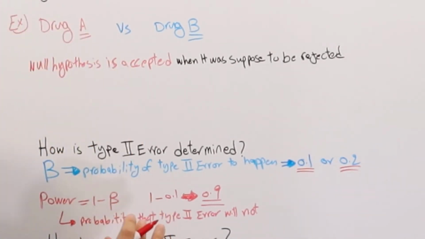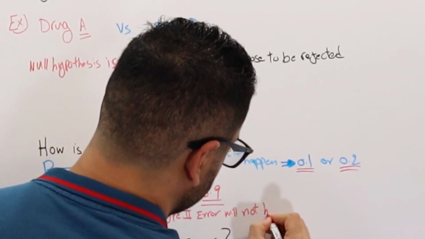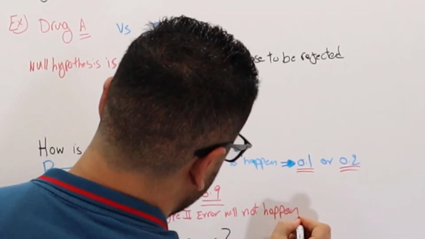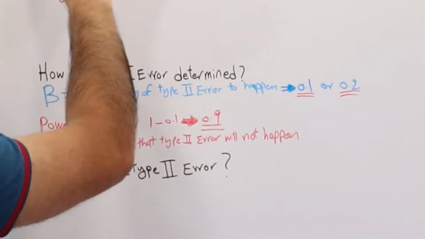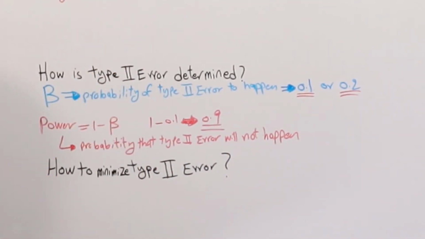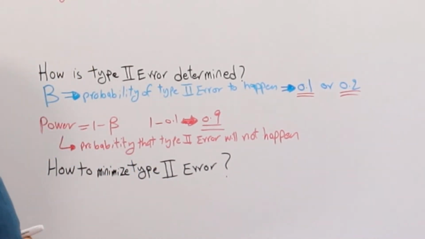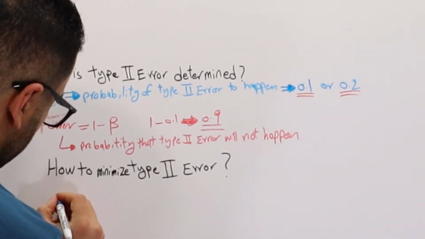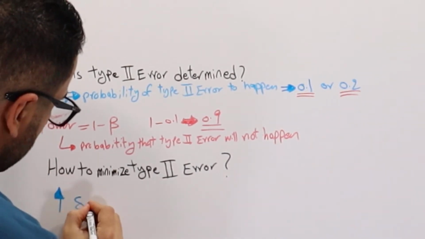We have a probability of 90% that this error will not happen, and that's what 0.9 means over here. So how can we minimize type 2 error? We can minimize type 2 error by increasing the sample size.